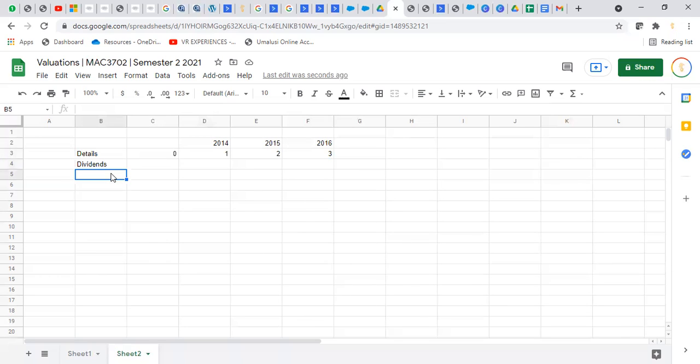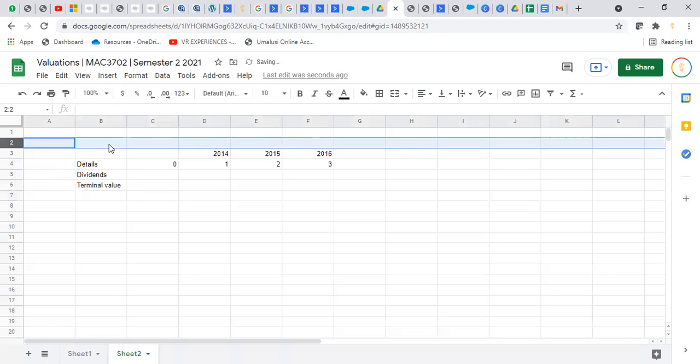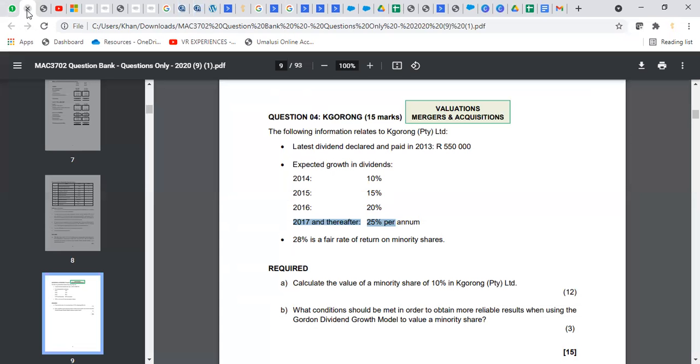Then the next is going to be our terminal value. Now, what we will do, we will have the actual dividends. So I just want to do this over here. So growth in 2014, the growth rate is 10, 15, 20.